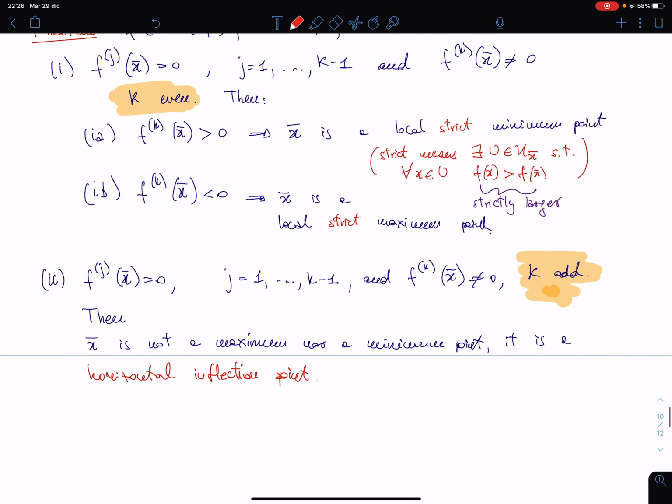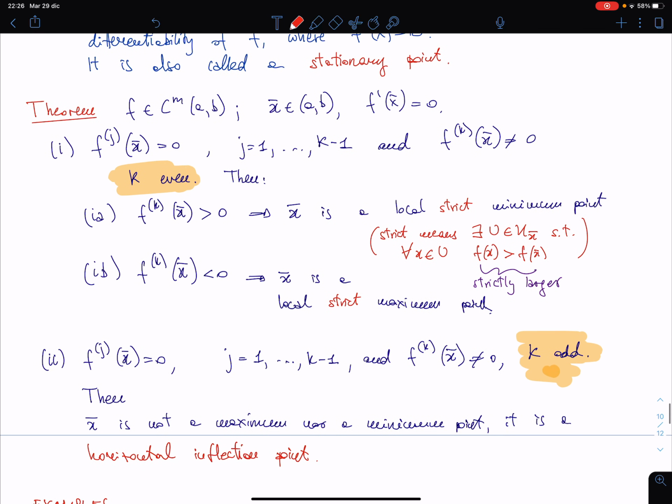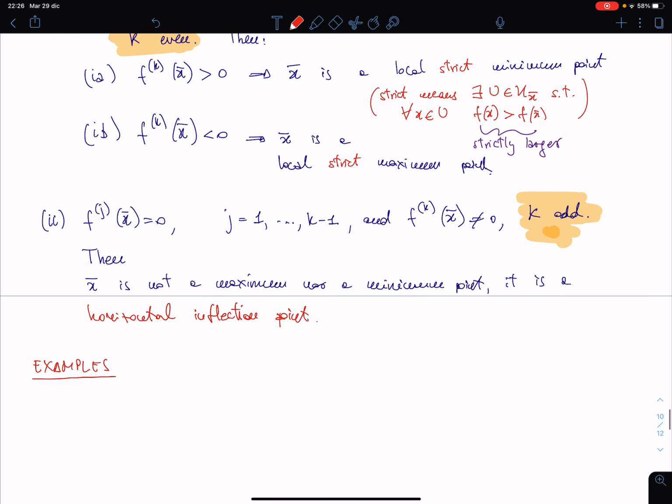Now, let us give some examples in order to understand the information here. The first example is the study of the function that we developed earlier. So f of x is equal to x e to the minus x.